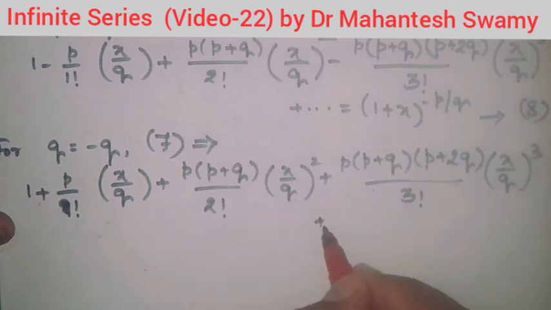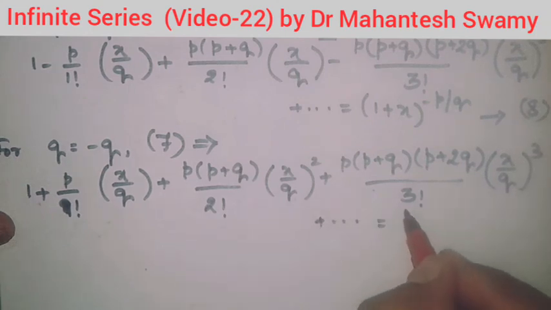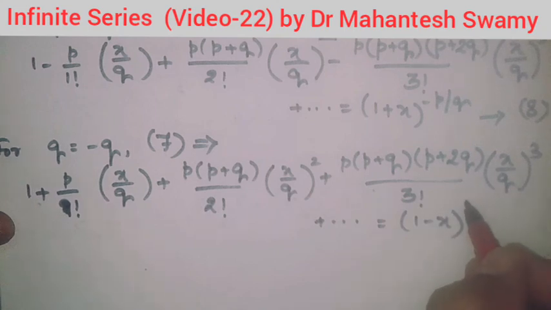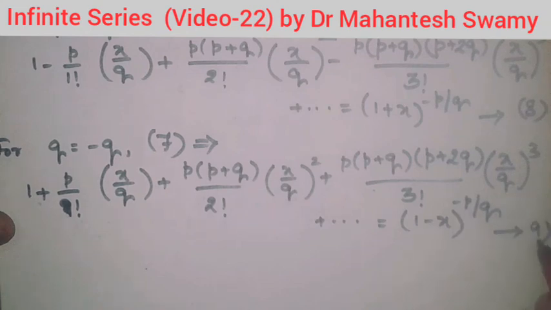So likewise the terms will be there, plus dot dot dot, that is equal to 1 minus x whole to the power of p by q is already there, but we are replacing q by minus q, therefore it is minus p by q. This is another important series, that is series number 9.